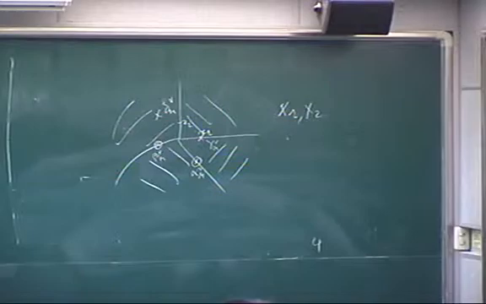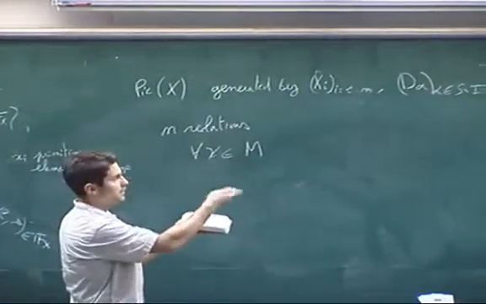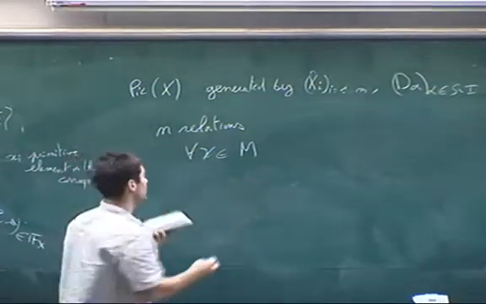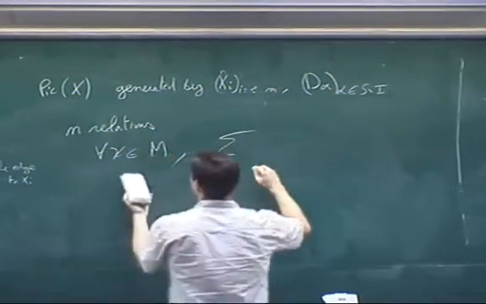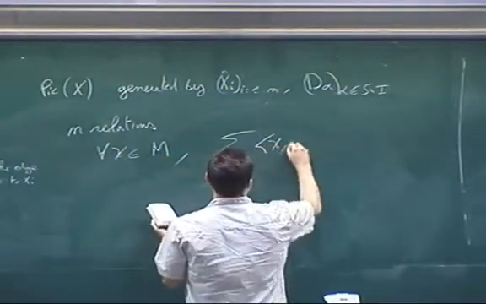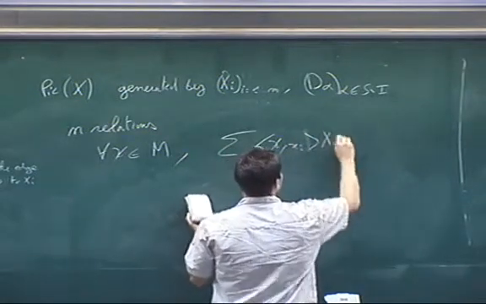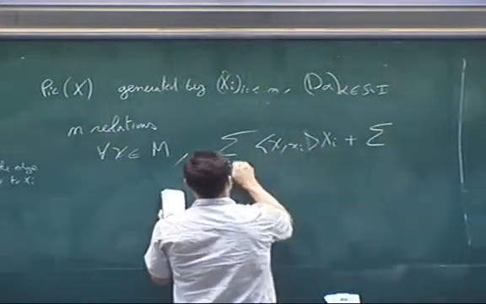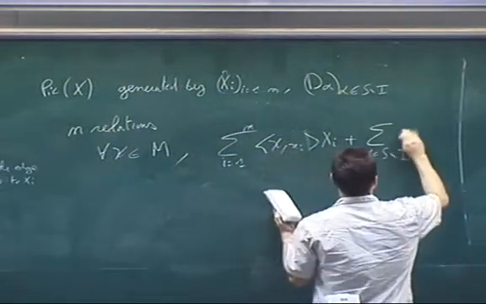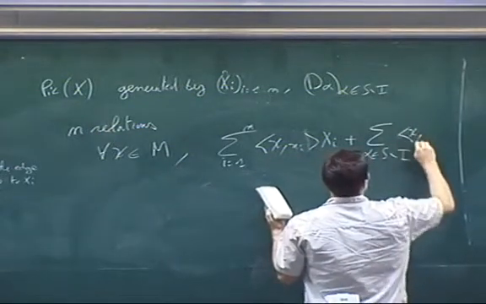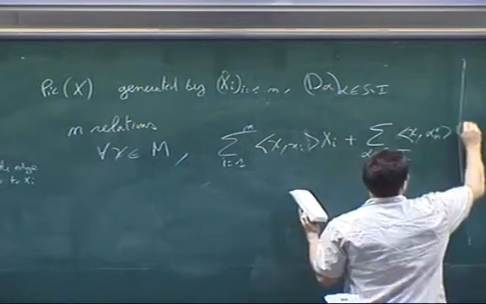And then for all characters chi in M, the dual of the space where the colored fan lives, I can say that the sum of chi(xi) times Xi, for i equals 1 to m, plus a sum over all colors of chi(alpha) times D alpha.